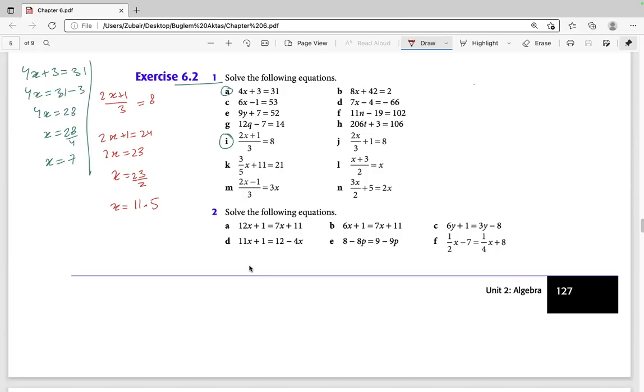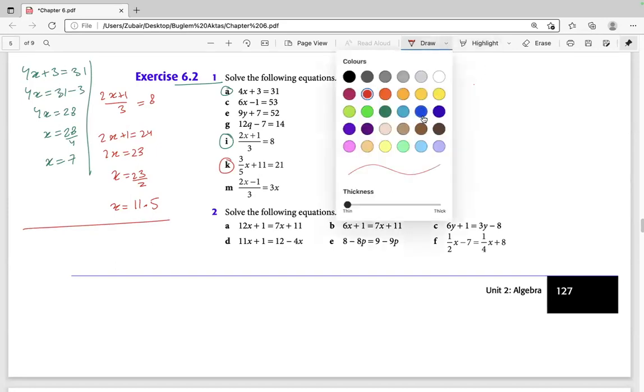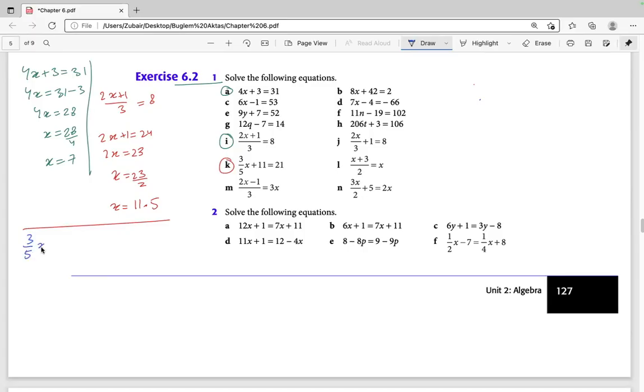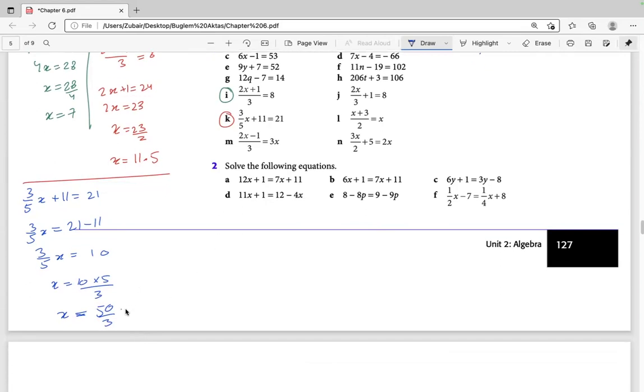Yeah, 11.5. Let's try this one. Okay, that is a little different. 3 by 5 of x plus 11 equals 21. 16.6 repeated.